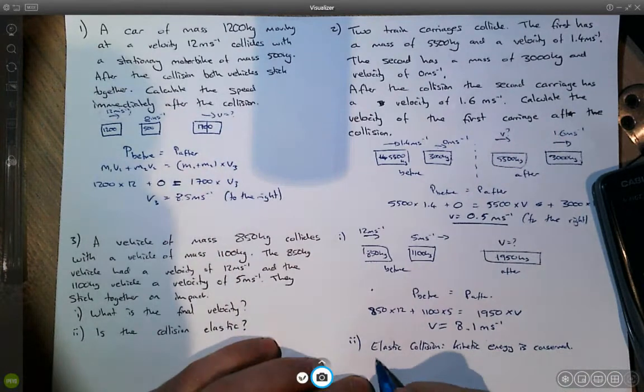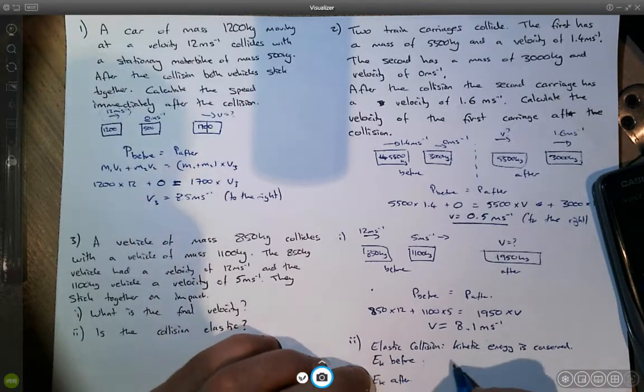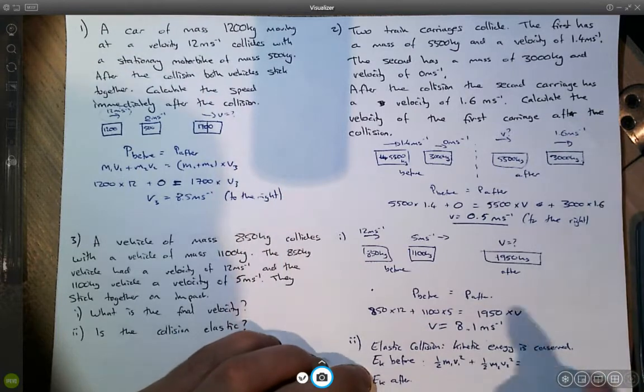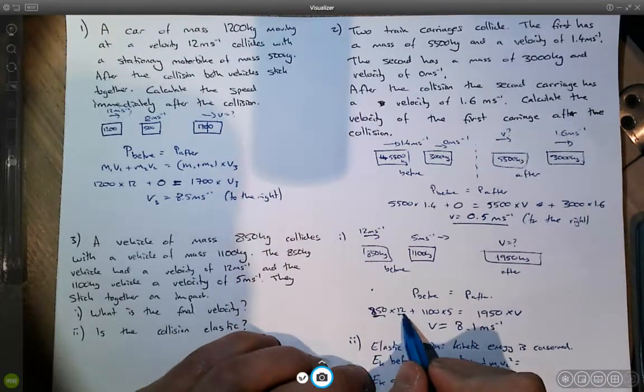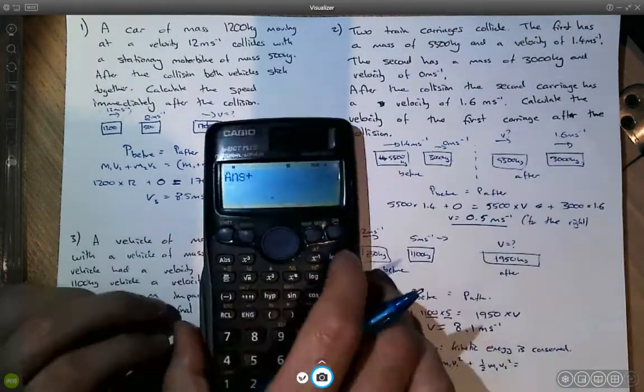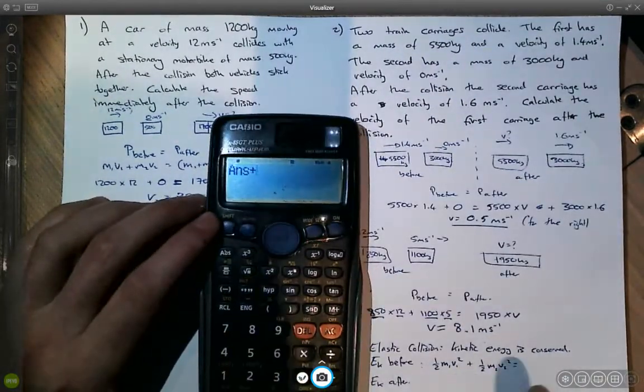So what we need to do is work out the kinetic energy before and the kinetic energy after. So before, it's going to be half m1 v1 squared plus half m2 v2 squared. So we know what the mass and velocity of the vehicles are before. So we can type that into our calculator and work out the total kinetic energy.